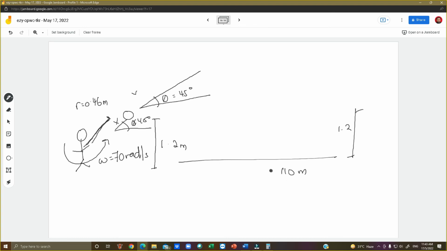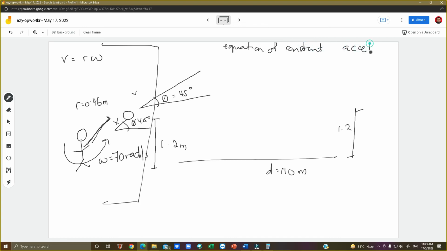So 110 meter ni D. Alright, we have two parts here. This part need to be solved by V equals to R omega. And the second part need to be solved by equation of constant acceleration.